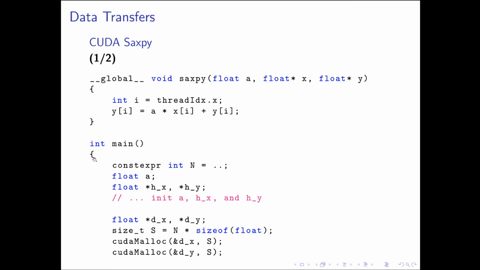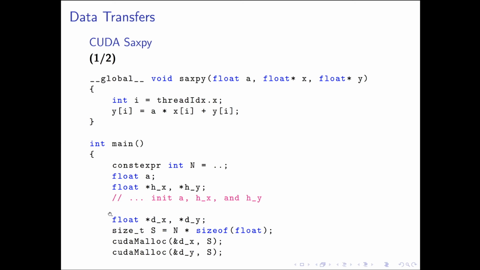Then I have a very simple host function here. I'm just assuming that there are already 2 arrays, hx and hy, which correspond on the host side to those x and y vectors here. And I just assume that they are initialized to something useful.